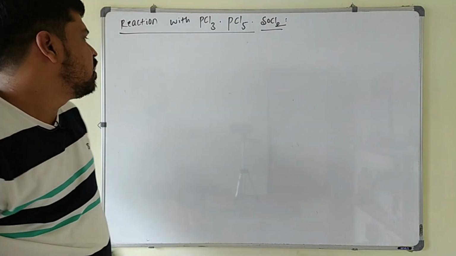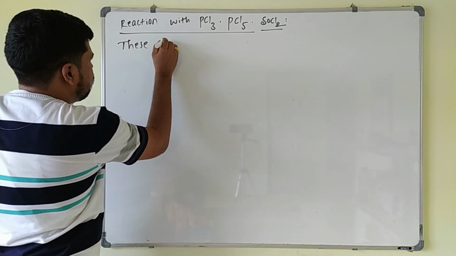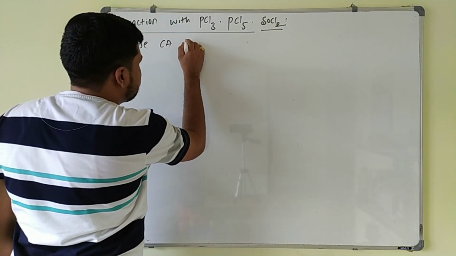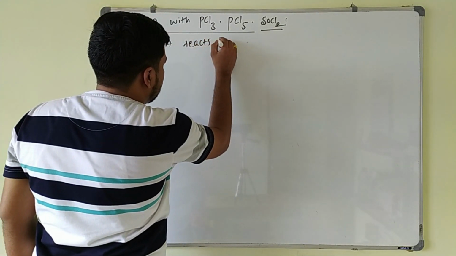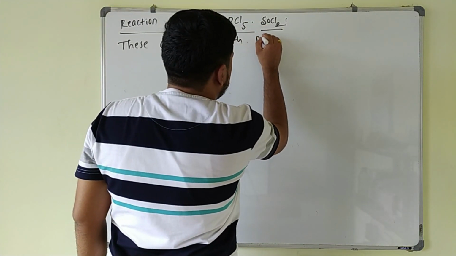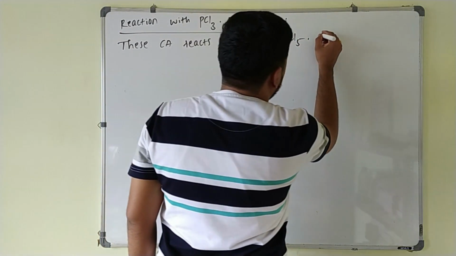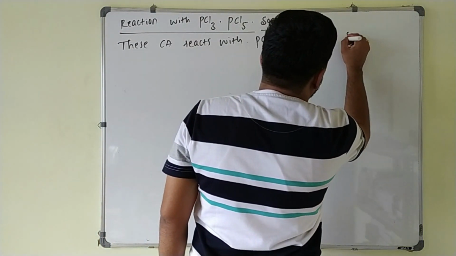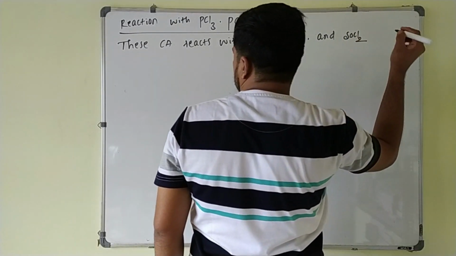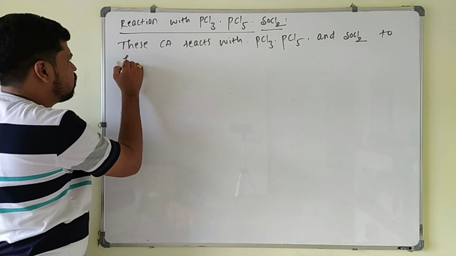Now these carboxylic acids react with PCl3, PCl5 and SOCl2 to form acid chlorides.